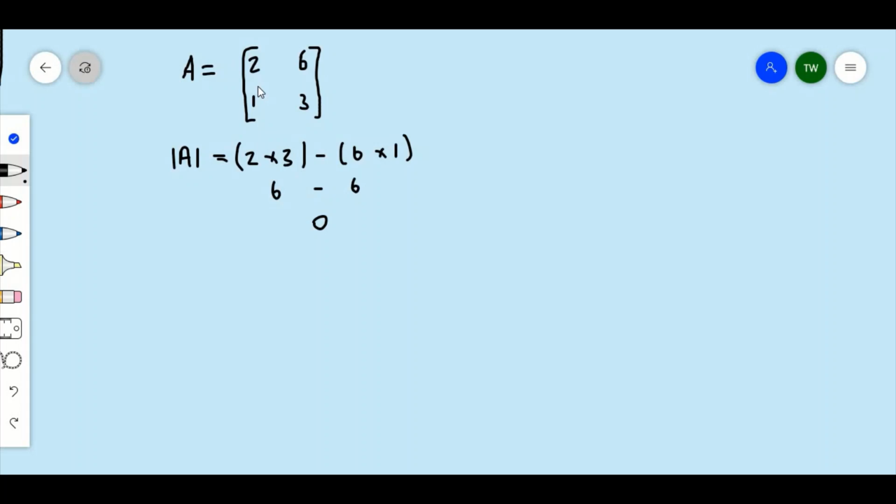Now, what I'm going to do, I'm going to look at some possible questions that you may be given when concerning singular matrix. Let's say you have a matrix P, right?